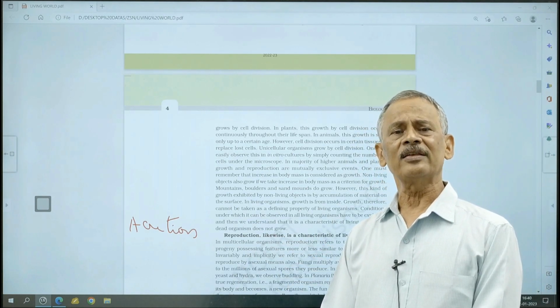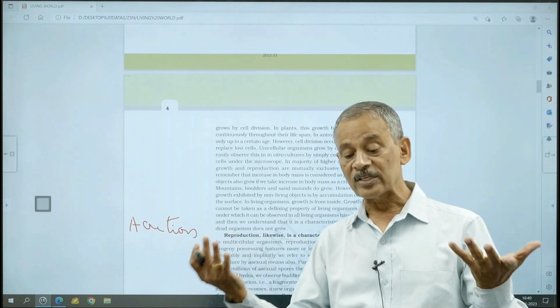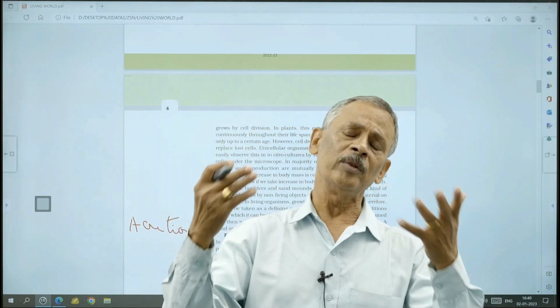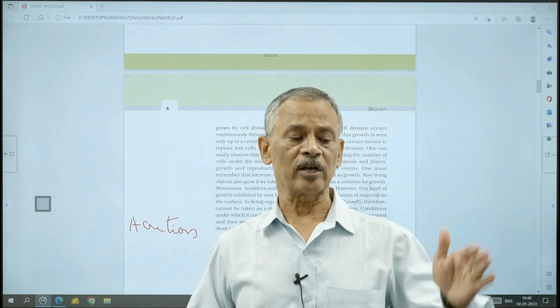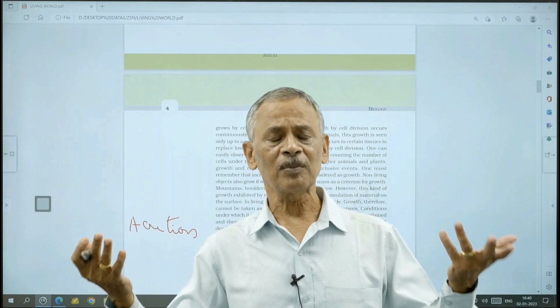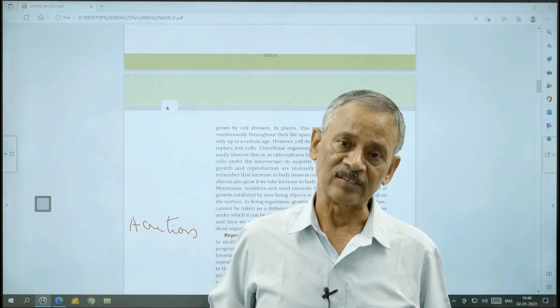We say that only living things are having the ability to reproduce. But what is reproduction? Living things are reproducing by so many mechanisms like vegetative reproduction, asexual reproduction, sexual reproduction. So we are having a large number of different types of reproduction in different types of living things.